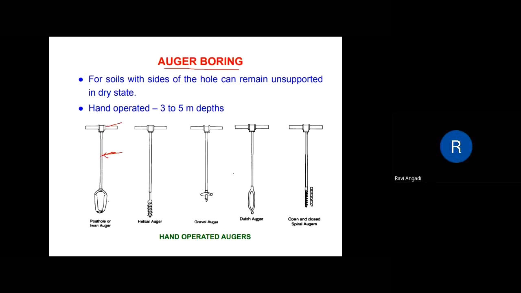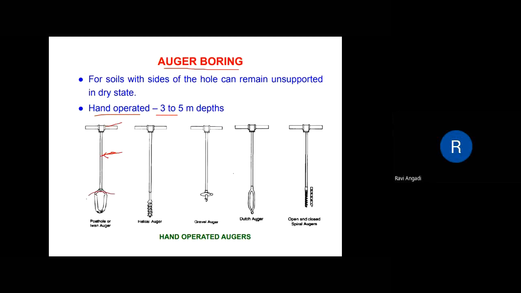Then the augers can be operated manually as well as mechanically, and these hand operated augers are very useful up to 3 to 5 meter depths. The hand augers used in borings are generally about 15 to 20 centimeter in diameter.